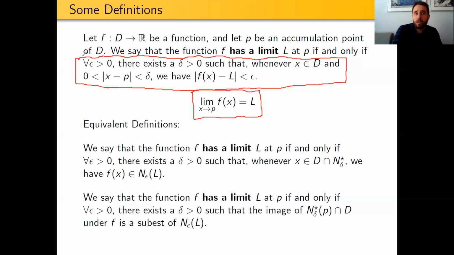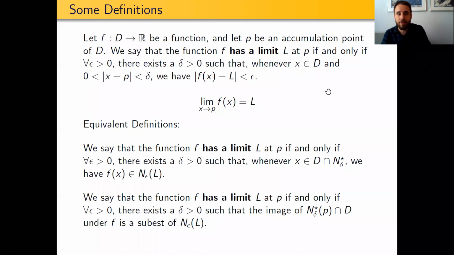Now, there are two equivalent definitions that we have written down here, which are really just rephrasings. So these are going to have the same assumptions. We're still going to have a function f from D to R, and we will let P be an accumulation point.